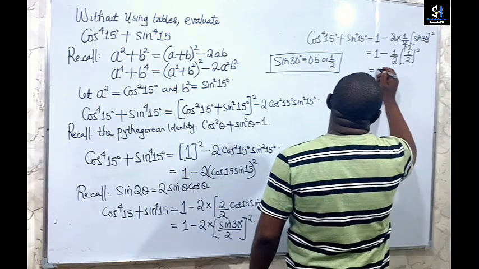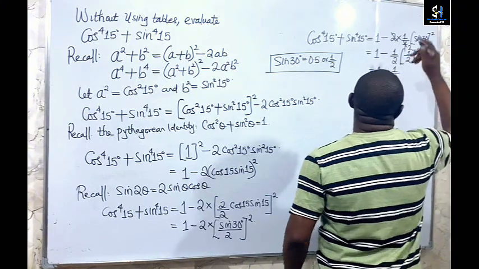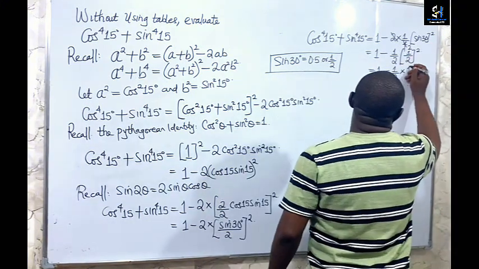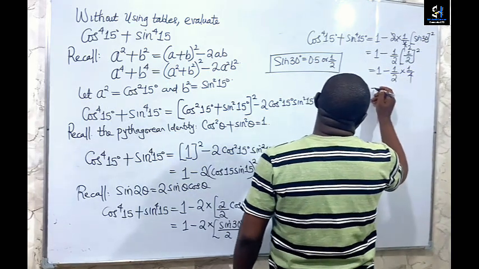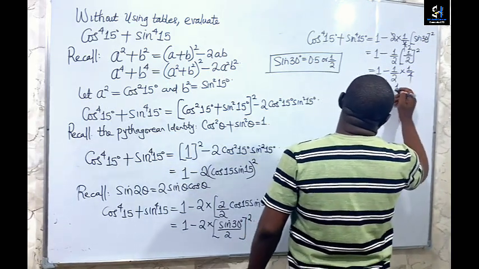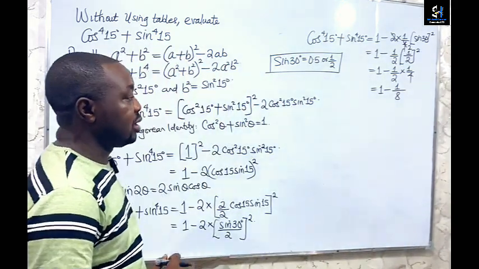So this will be 1 minus 1 over 2 times, now 1 over 2 raised to the power of 2 is 1 over 4. So this will be 1 over 2 times 1 over 4, and that will be 1 over 8. So we have 1 minus 1 over 8, because 1 times 1 is 1, 2 times 4 is 8.